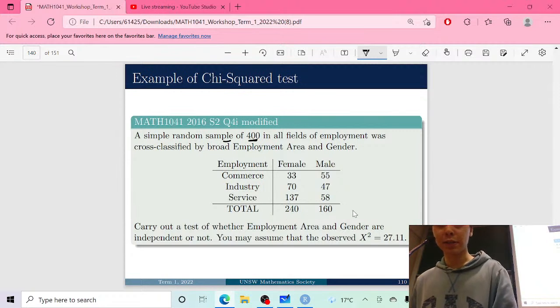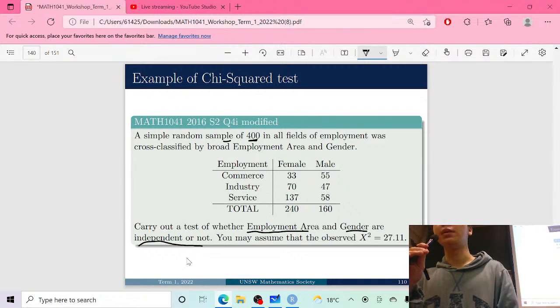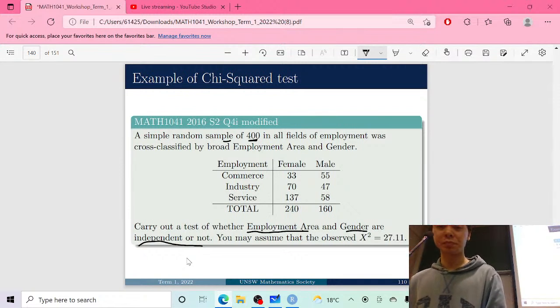Even if you weren't aware, you should be thinking, well, I should be using a chi-square test, because you want to determine whether two things are independent. We may assume that the observed chi-squared is 27.11, so we don't even need to work out the observed value.